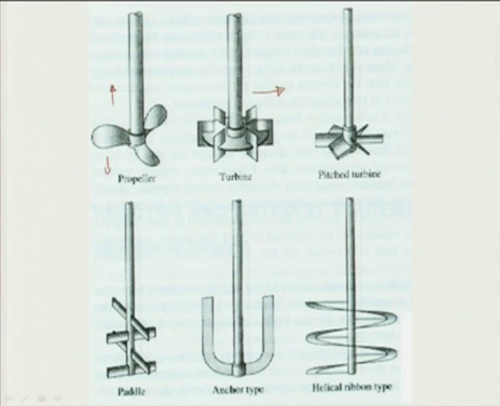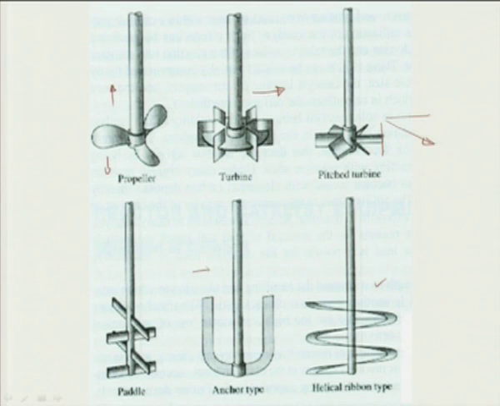This is very much like the ceiling fans that we use in our home. Here the flow that is created is both axial as well as radial. Then there is the paddle wheel, which is used in some cases. Then the anchor type if the reactants are highly viscous, and in some cases the helical ribbon type of agitators. So these are some of the common agitators.